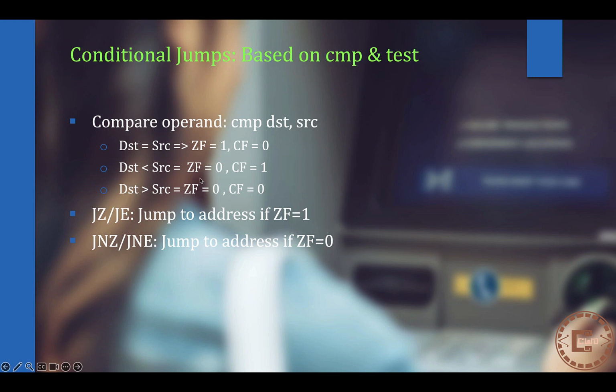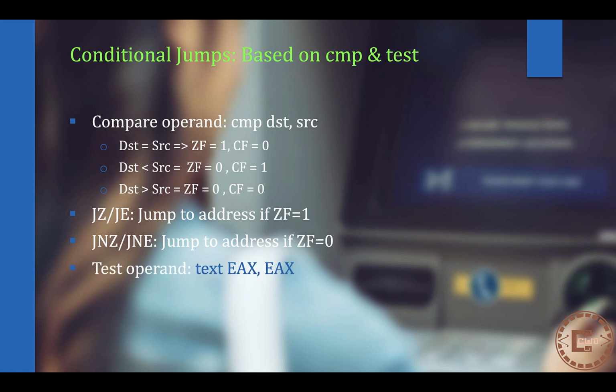For example, you check if these two are the same, and they are different, so the zero flag is not 1. Then I'm going to jump because they are not the same. Like comparing a password with the password I know is in the database. No, it's not equal, so you jump to the exit function, for example.